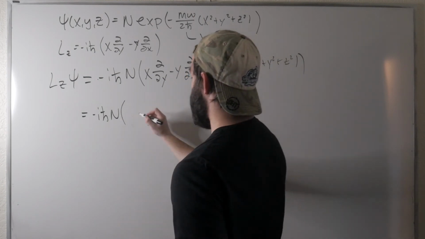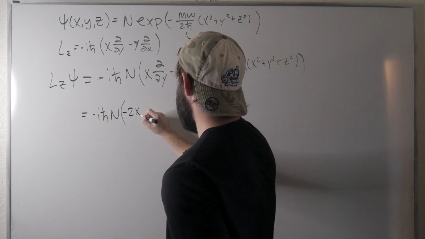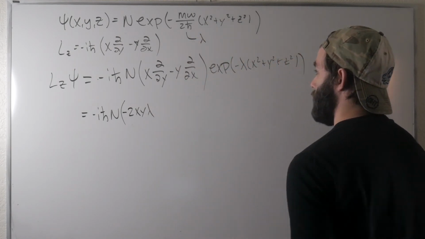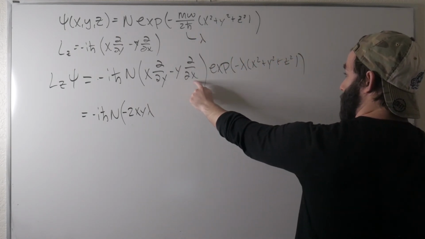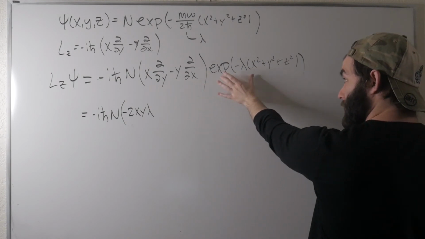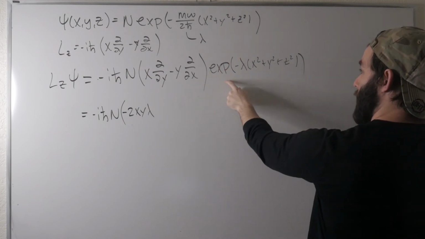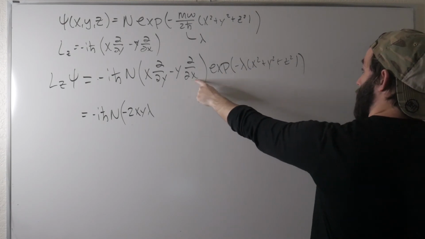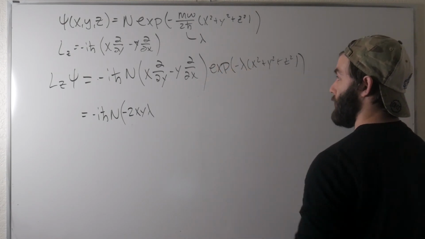So this is going to be a minus 2xy lambda. And then similarly, when we differentiate with respect to x, we're going to get the same exponential at the end, and then the derivative of the inside, which is going to be a minus 2x lambda.